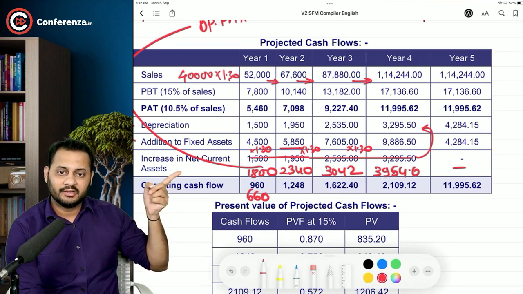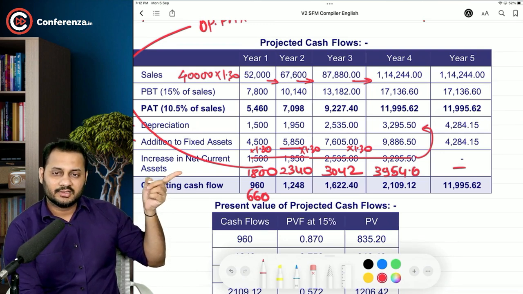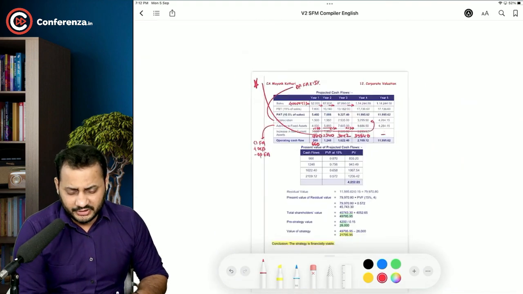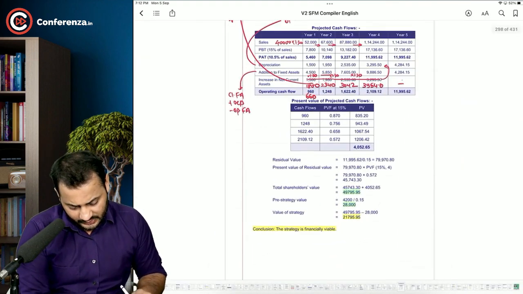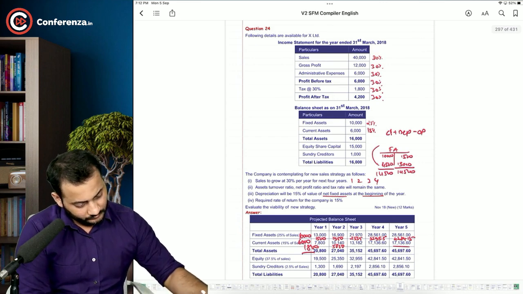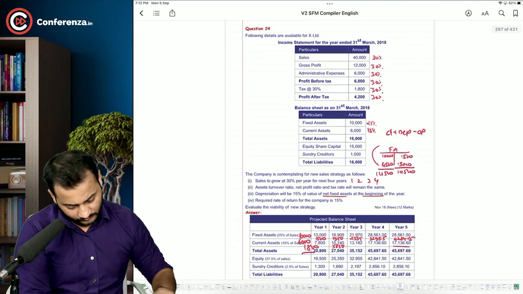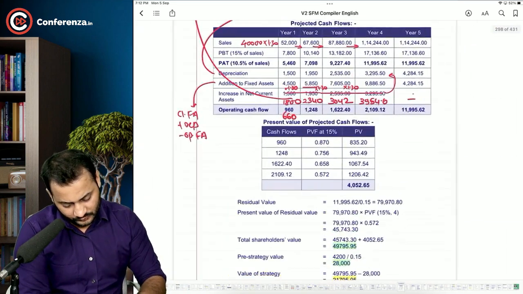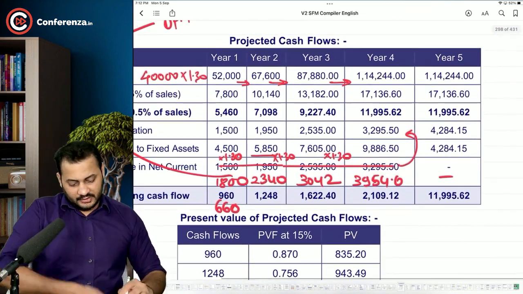But now I can clearly see that this is different. Let me check once again if there is a difference. So the answer will change to a certain extent. Okay, so the final answer will change.